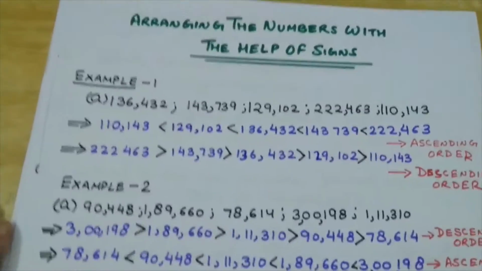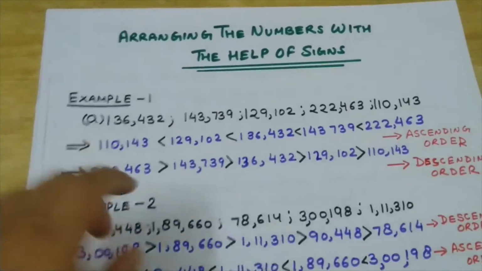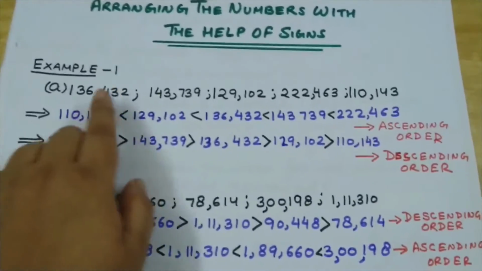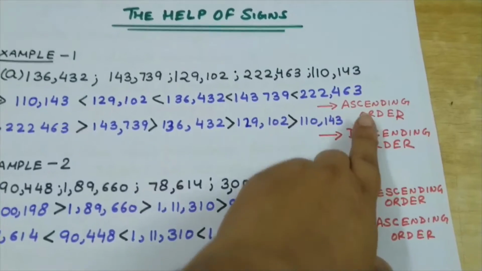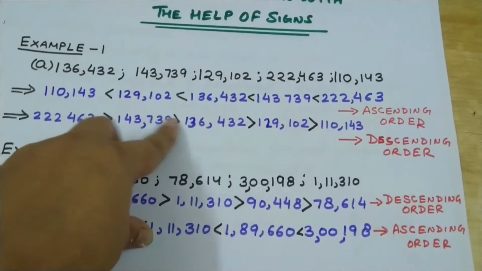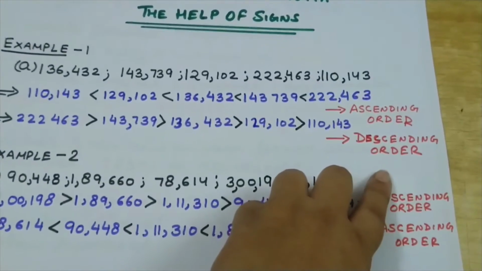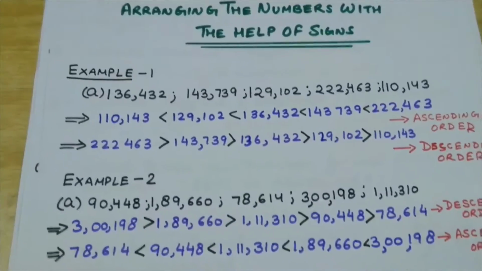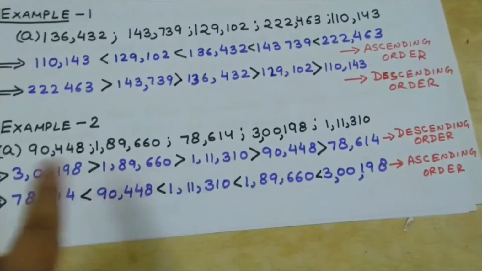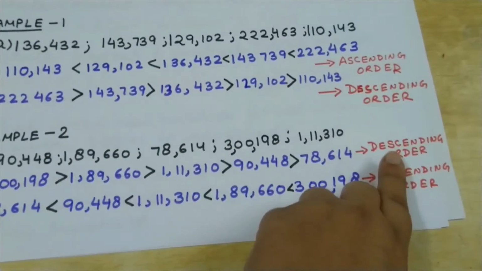Let's arrange the numbers with the help of the sign. For example, if I give you this sign, in which order will you write the above numbers? Ascending order. And when I put the other sign, this one, descending order. Example number 2. Now I have written in descending order.